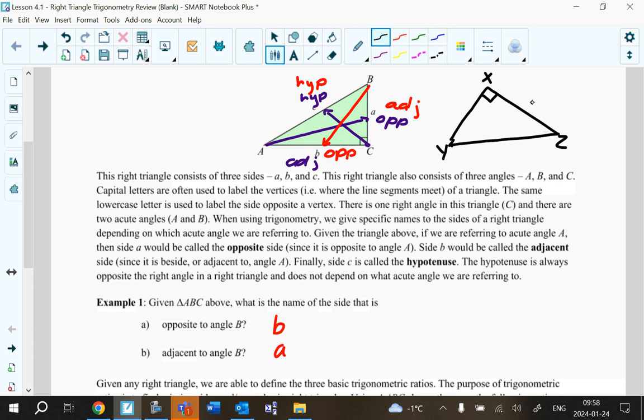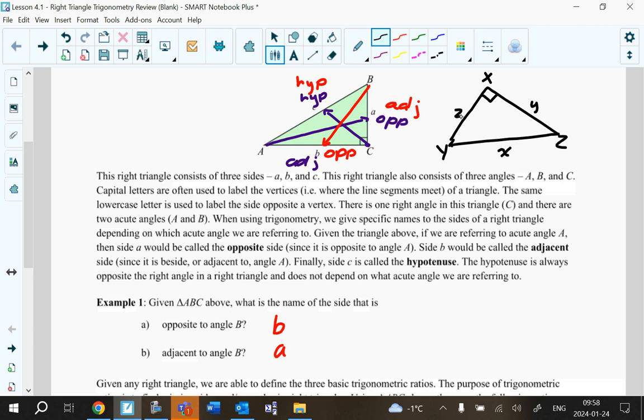Notice when we label triangles, we use capital letters to label the angles or where the sides meet. And then we use lowercase letters to represent the sides. And usually the side opposite the letter for the angle is the lowercase of that letter.